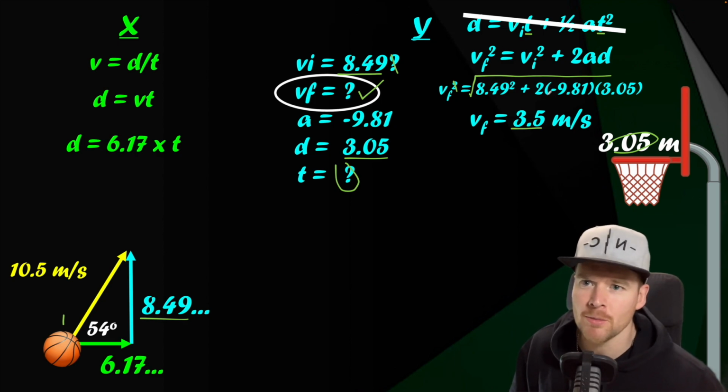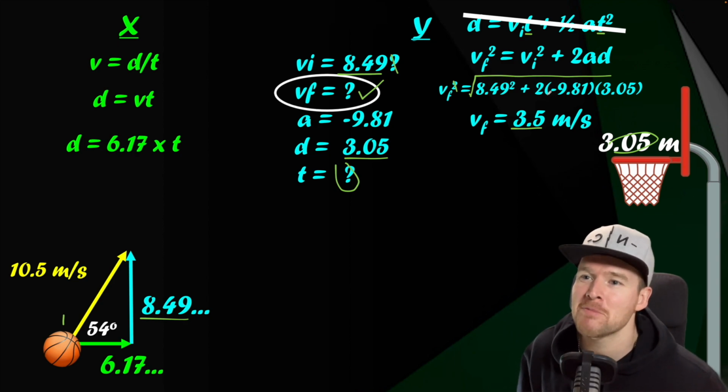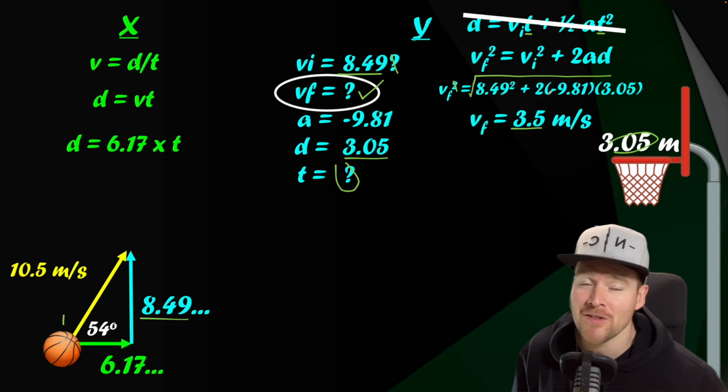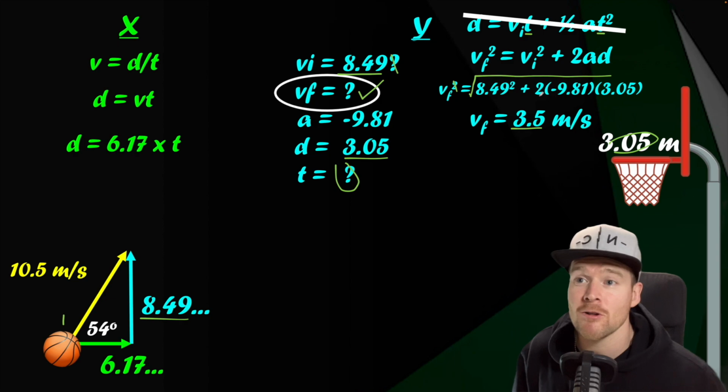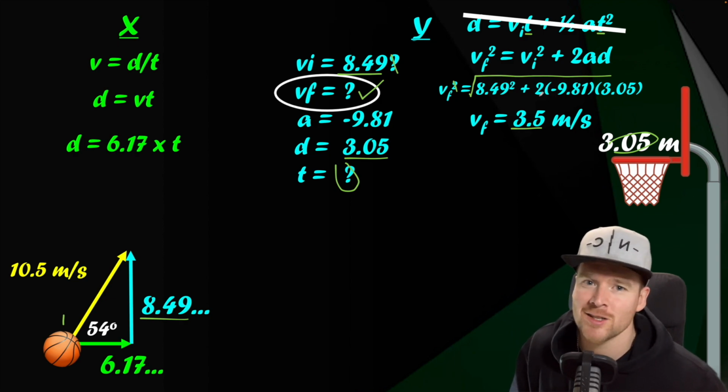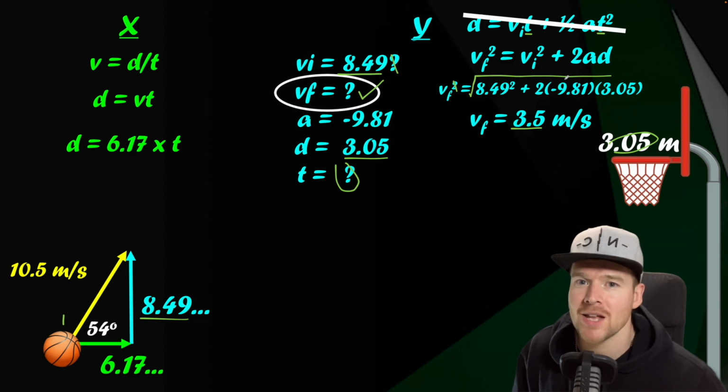And you might go and double check all your calculations and you're still getting positive 3.5 meters per second. How does that make any sense that it's going up when it gets into the hoop? You've actually done no calculations wrong, but just the nature of this equation can give you either a plus or a minus 3.5 meters per second because we took the square root here. And taking the square root always gives you a positive and a negative answer.